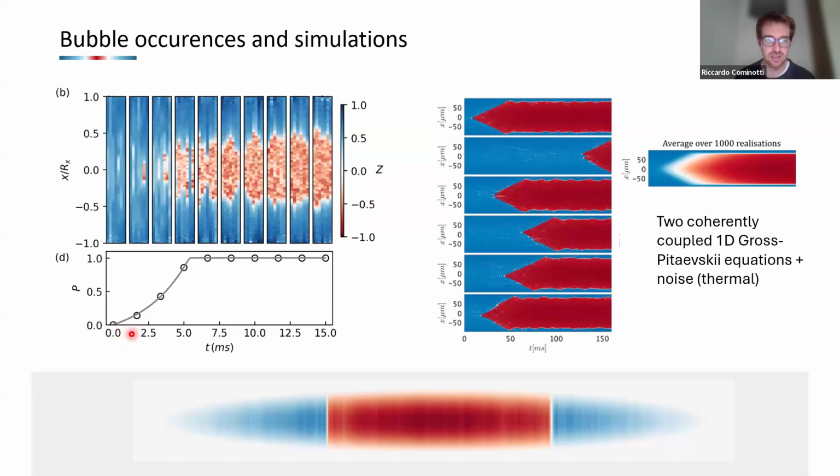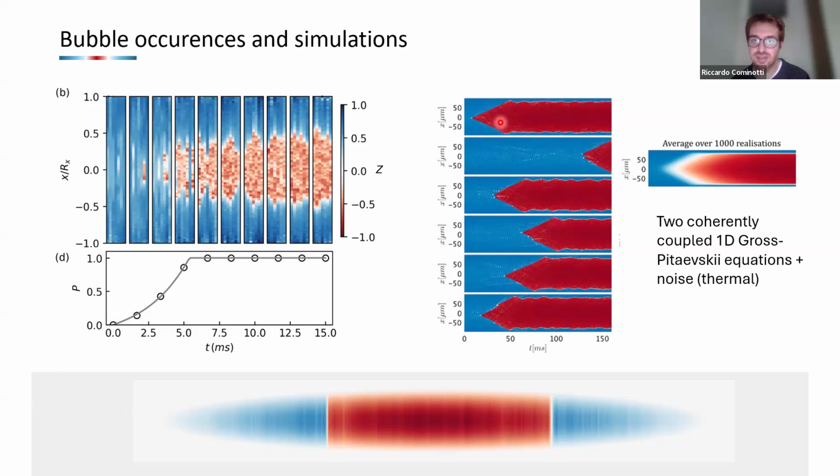What we measured was an exponential increase in the probability of seeing a bubble, up to a point in which this probability saturates, which is once we have passed the typical decay time. And from the simulations, we can have more information because the simulation allows us to track in real time the evolution of the bubble.